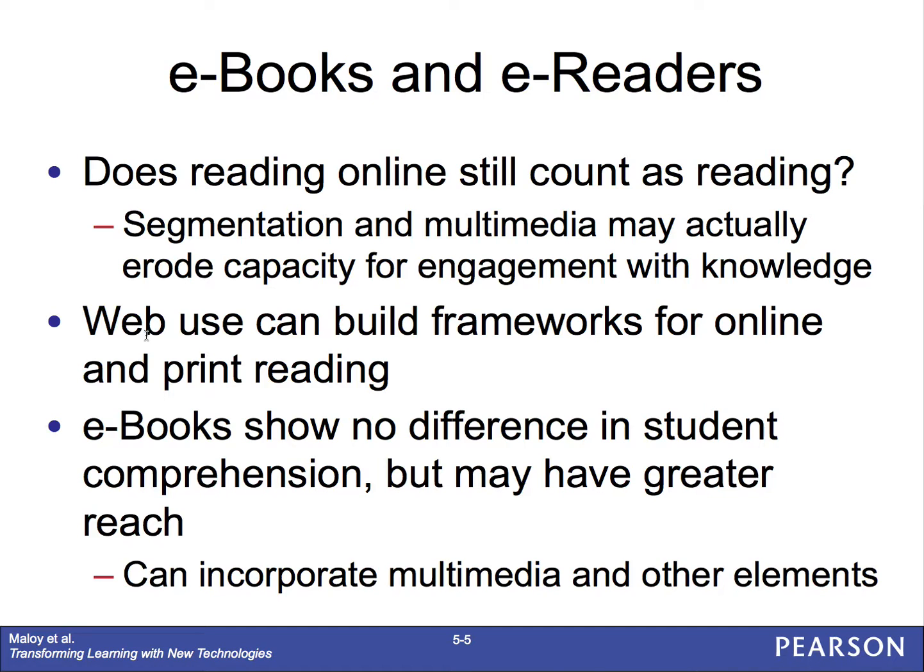And even though we don't have print reading a lot anymore, because everything we have now we can get online, particularly scholarly journals, a lot of scholarly journals and magazines don't print anymore because it costs a lot of money. And in education, money is a big deal. So everything's printed online. It's saying ebooks show no difference in student comprehension, and they may have greater reach because they can incorporate multimedia and other elements, particularly audio e-readers and stuff like that.